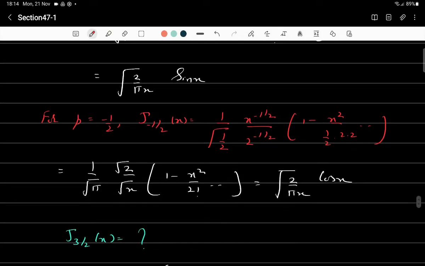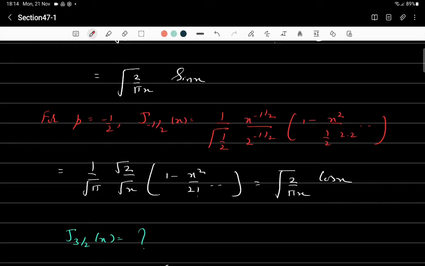Now let's try to compute J 3 by 2 x. I already have J half and J minus half, so I should not go to the definition, and instead try to use the identities which we have discussed. For the identities, I have to choose the one where I just need to use J half and J minus half.